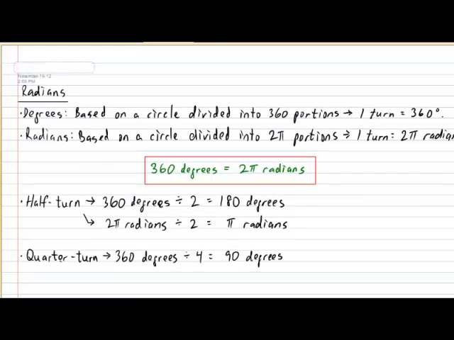If we were to apply the same reasoning in radians, then that will lead us to the fact that a quarter turn around a circle in radians is equal to a full turn, 2 pi, divided by 4, which gives us a half pi radian. And this is another very important equivalency, that 90 degrees is the same as saying half pi radians.